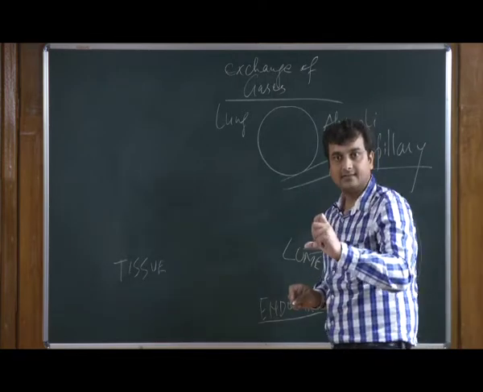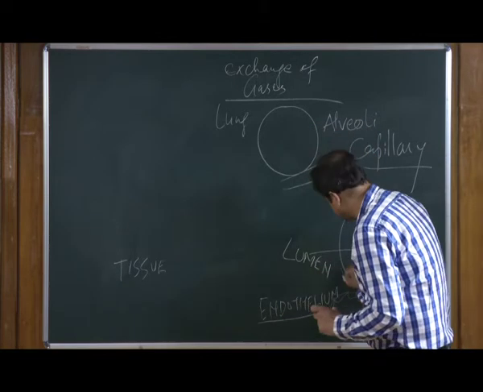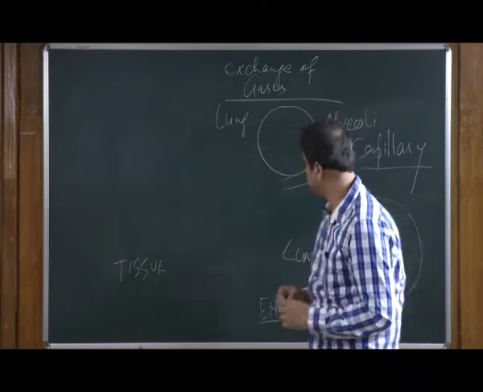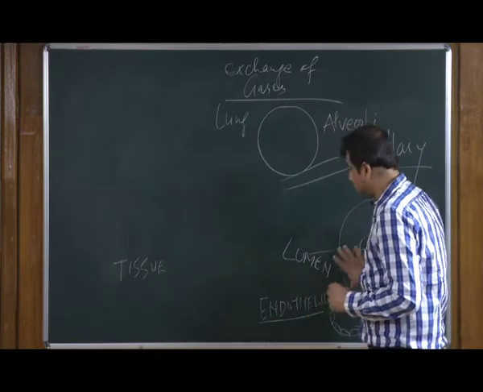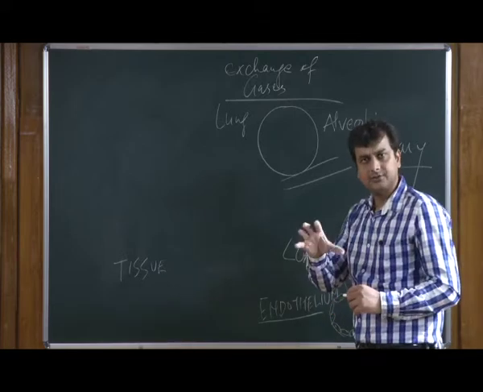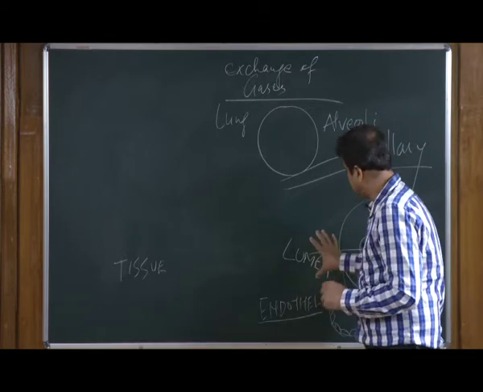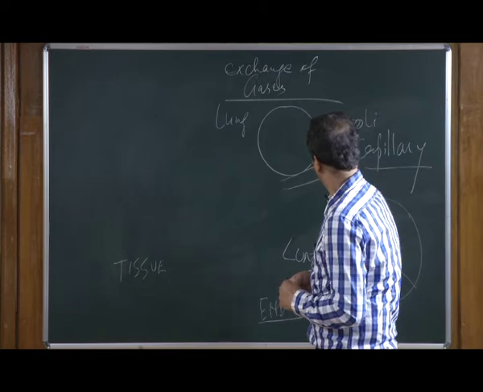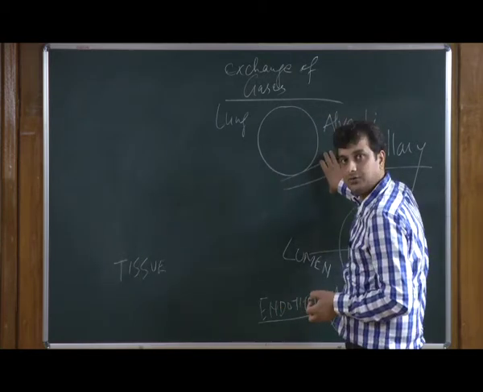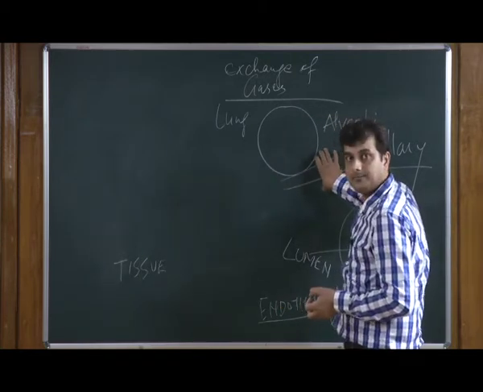Now this thinness is very important in order to exchange the gaseous elements, oxygen and carbon dioxide. Now this whole blood vessel and capillary in terms of anatomy is quite different in their lumen diameter. Now this is about the lung and the structure associated with the alveoli, which we call capillary.